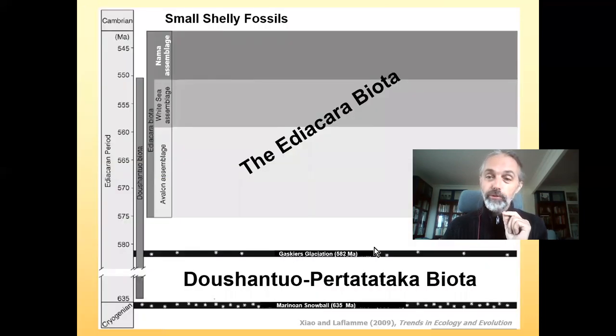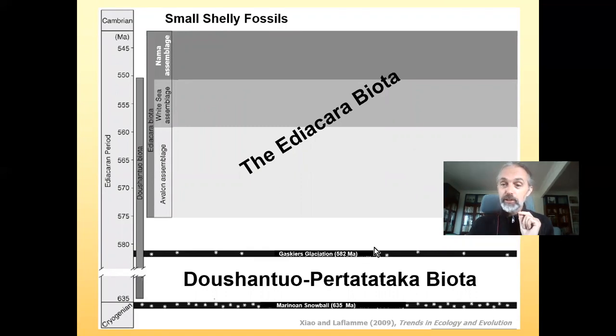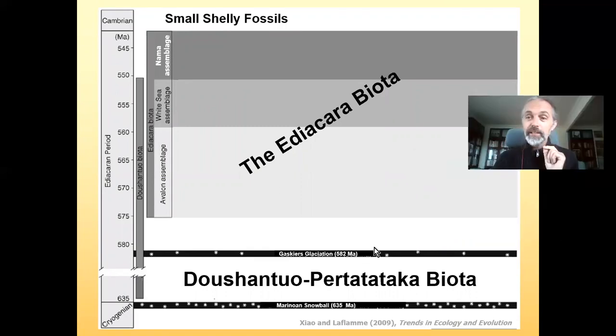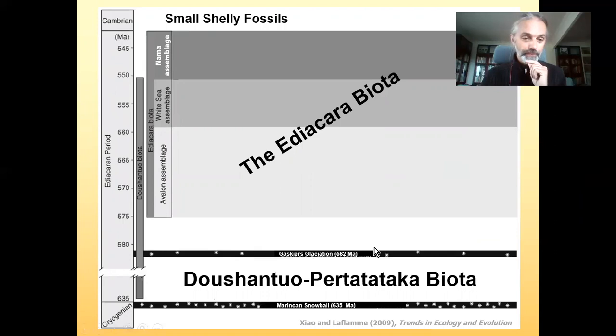So this slide will follow us around for the next 30 minutes, and we will fill it in with bits and pieces of creatures. Here's the Cryogenian, here's 635, here's 541. There are 4 different so-called biotas, different assemblages of creatures that we can distinguish. Between 635, the end of Snowball 2, and the so-called Gaskiers glaciation, another huge glaciation, but not quite a snowball.